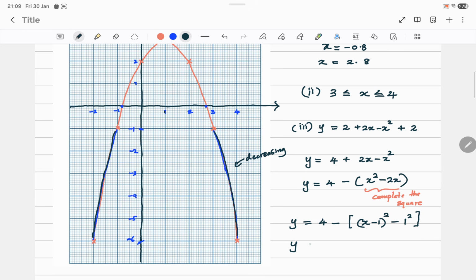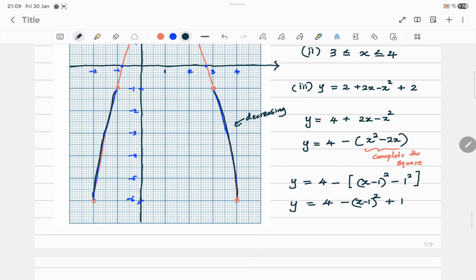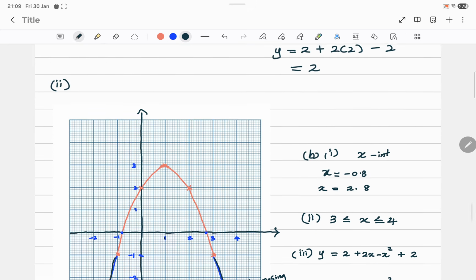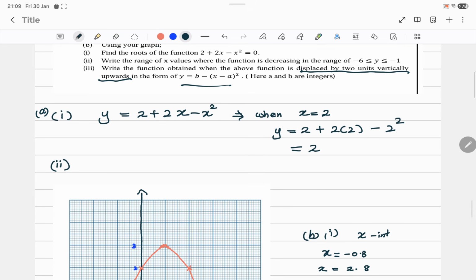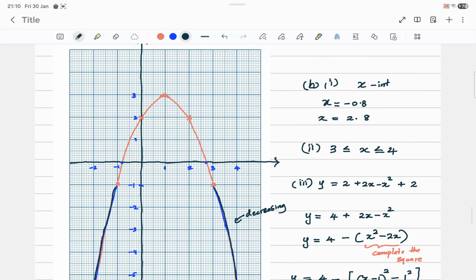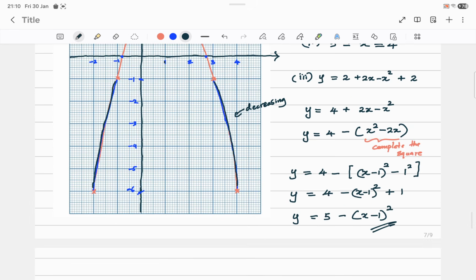So what do you get? 4 minus x minus 1 squared plus 1. So y equals 5 minus x minus 1 squared. So that is the answer. Here b and a are integers, correct? B is 5 and a is 1. Right.